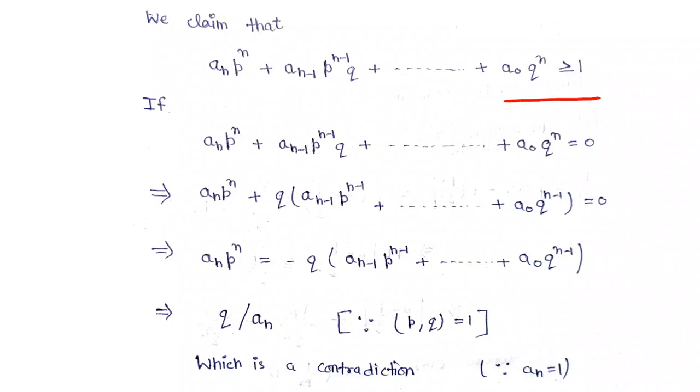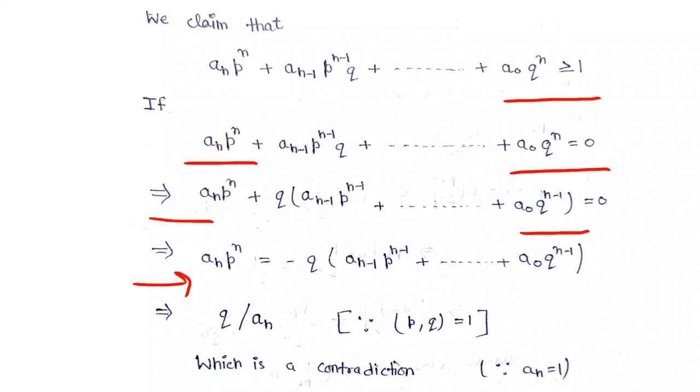If a_n p^n plus a_(n-1) p^(n-1) q plus up to a_0 q^n equals 0, this implies that a_n p^n plus, taking the common q here, q into a_(n-1) p^(n-1) plus up to a_0 q^(n-1) equals 0.